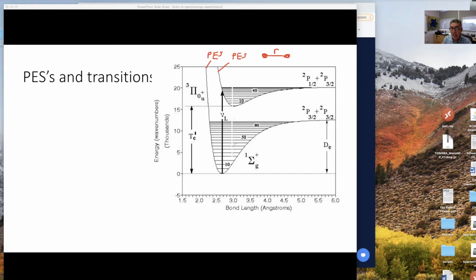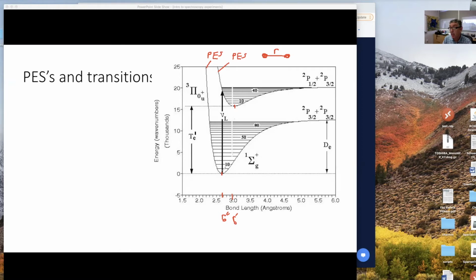You'll also see that for the ground electronic state, this distance right here represents R naught when we are in the ground electronic state. This distance here represents R naught when we're in the excited electronic state. So you'll notice, in fact, that R prime naught is bigger than R double prime naught.